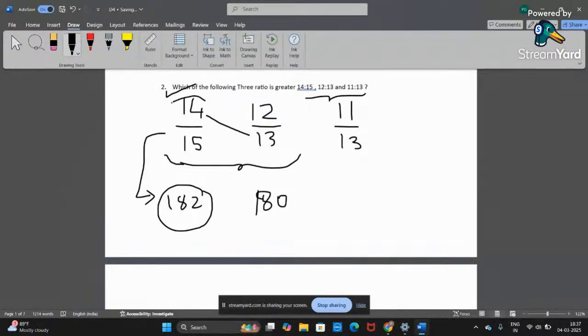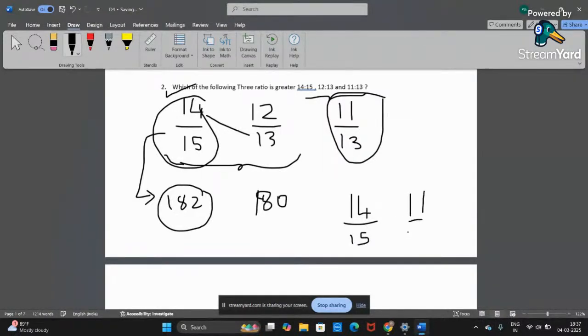Now we have to compare this with the remaining one. So again, we write 14 by 15 and compare with 11 by 13. Between these, which one is greater? We need to find out. So 14 into 13, how much is it?